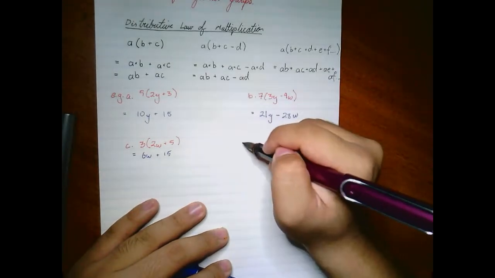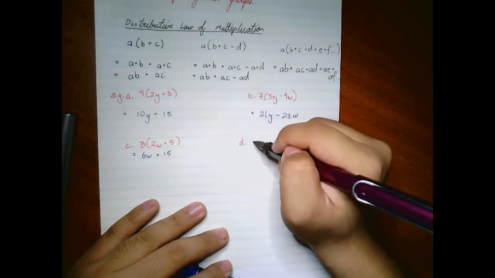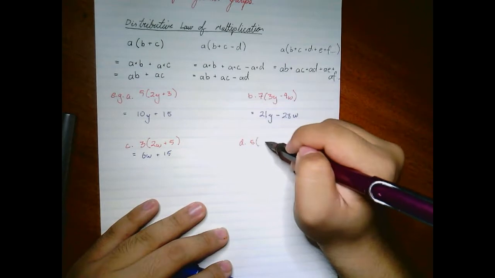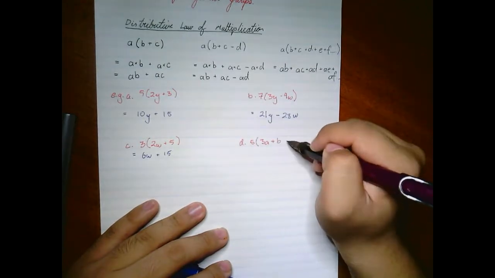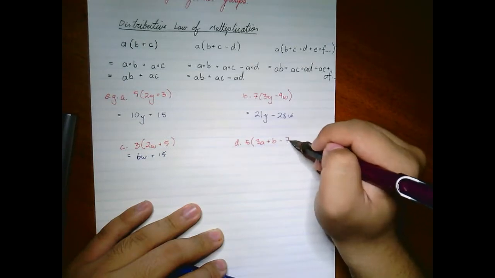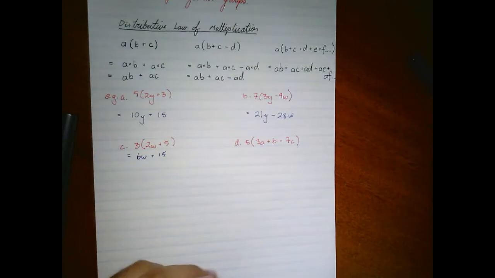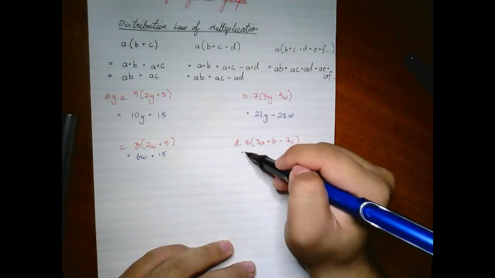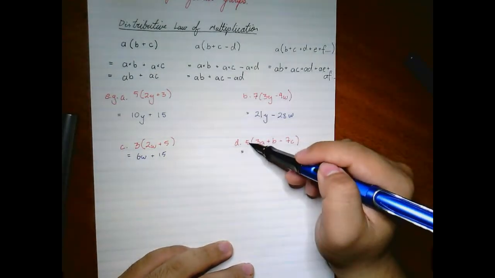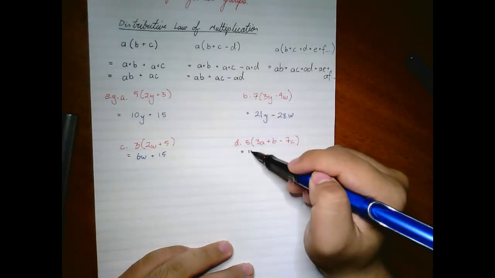We'll take example D. 5 outside 3a plus b minus 7c. Okay. No problem. 5 times 3 is 15.